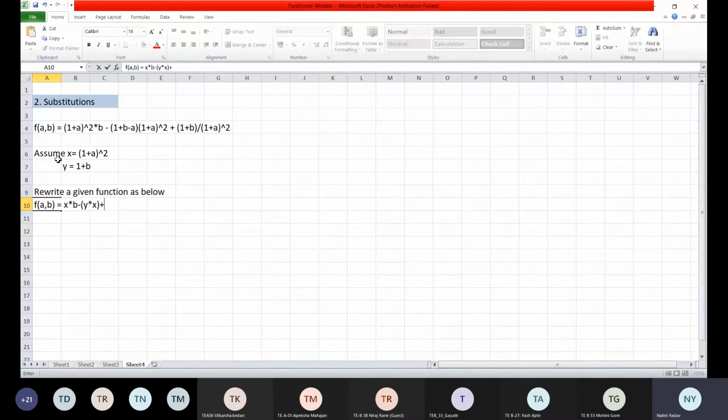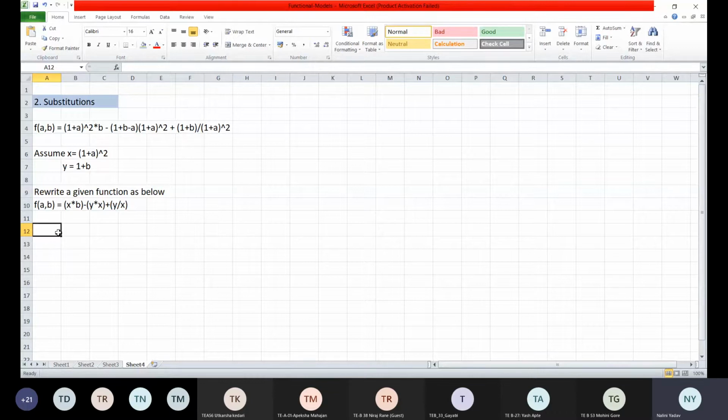Please correct me if I'm going wrong somewhere. Then we have y divided by 1 plus a the whole square, that is x. So this is how I rewrite my given function. This is called substitution, one of the features of your functional model.